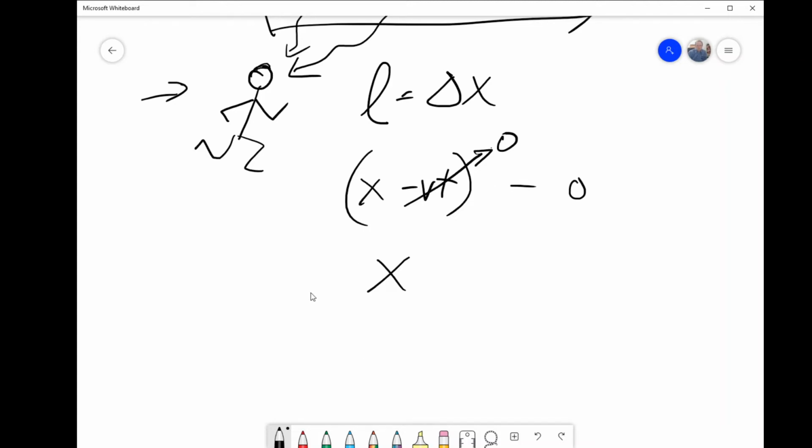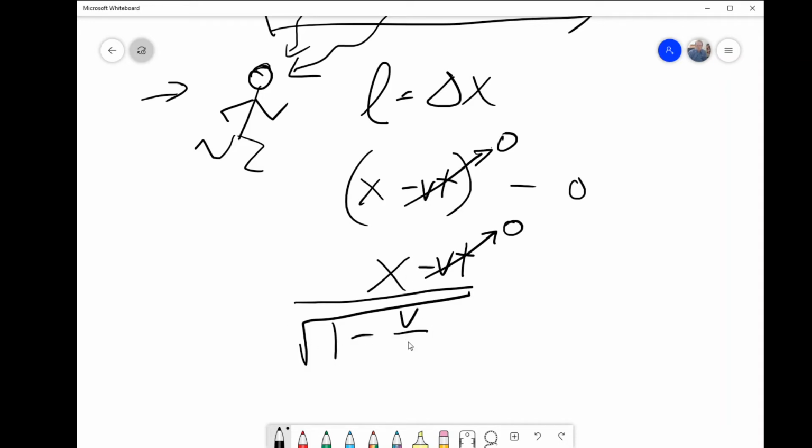If we do the same thing with the Lorentz transformations, that vt term still goes away. Right, 0 change in time, still going to produce that x, but we have a 1 over v over c squared.